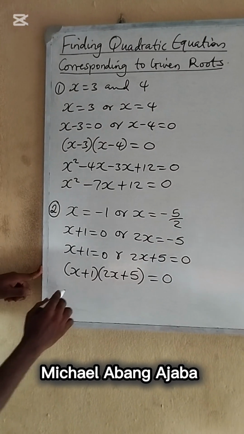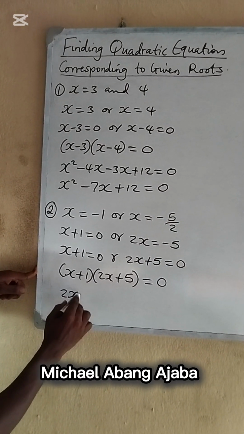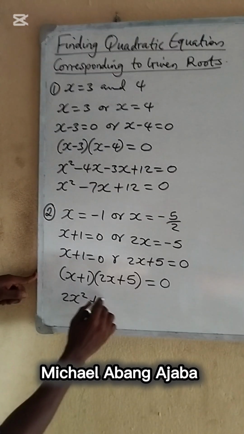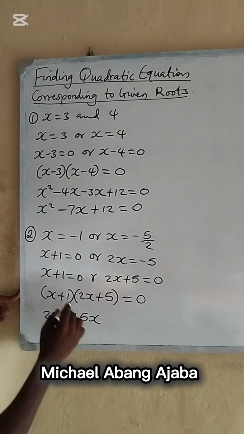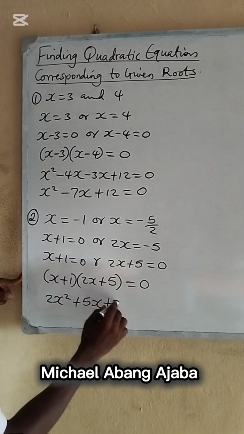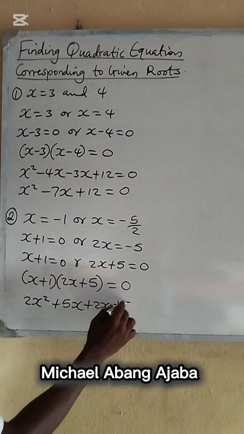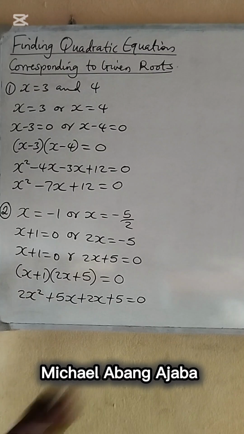Expand this, you have 2x squared plus 5x plus 2x plus 5 equal to 0.